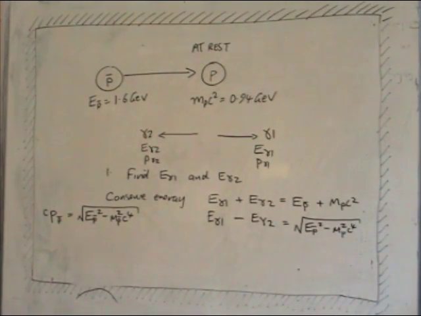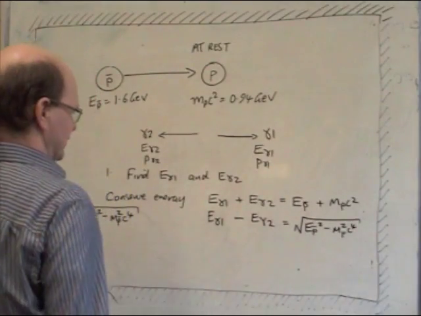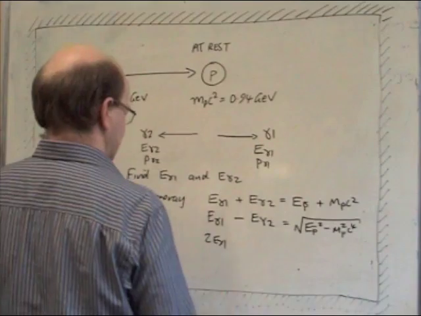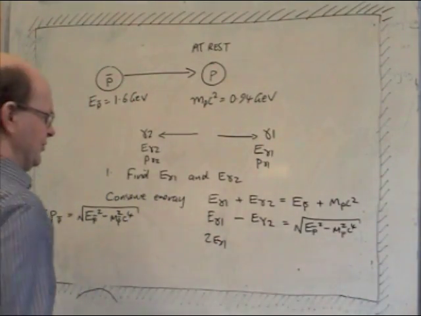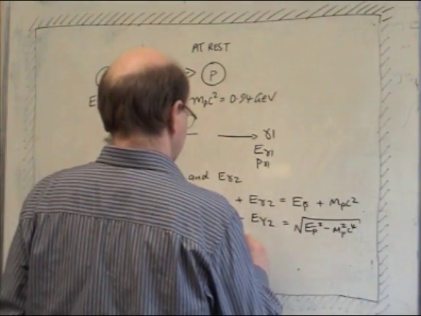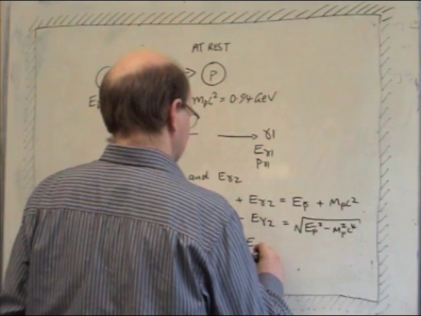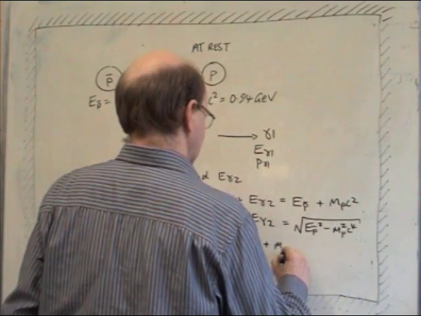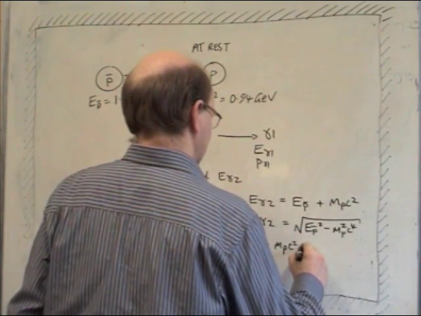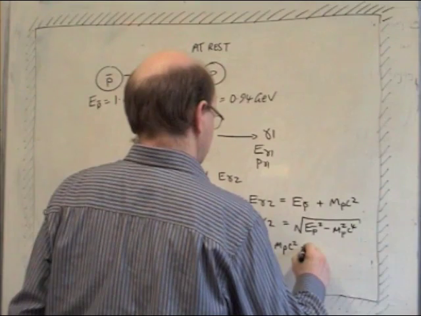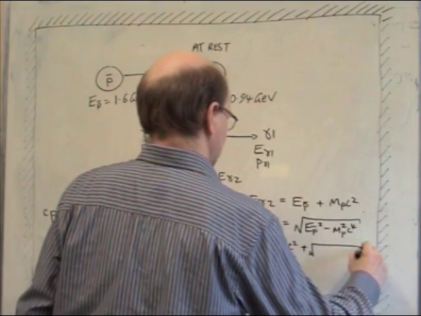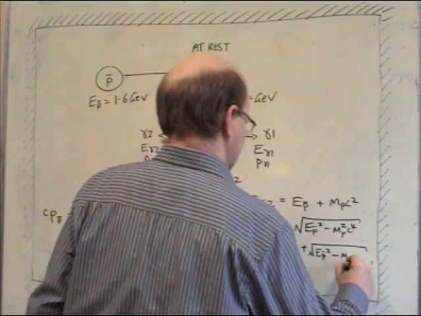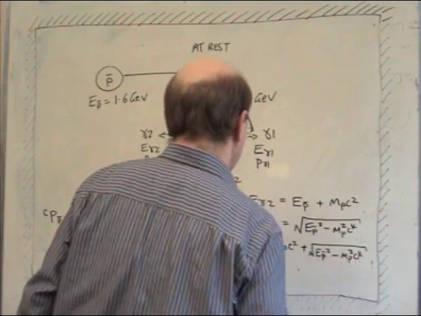The nicest way to solve these, I think, is just to add them vertically. If you add the left-hand sides, you get 2E gamma 1, and the E gamma 2 contribution cancels. On the right-hand side, you get something fairly complicated: E P bar plus M P c squared plus the square root of E P bar squared minus M P squared c to the fourth.